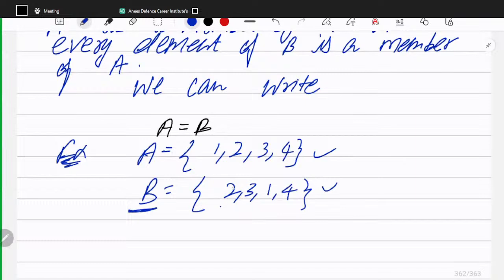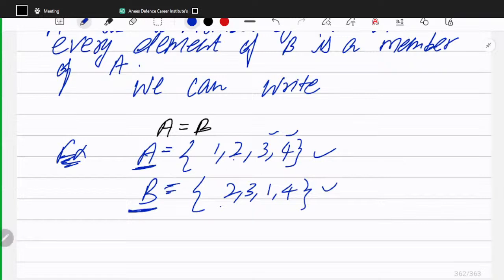So no matter at which places the elements are placed in the set, the same elements must be in the set.